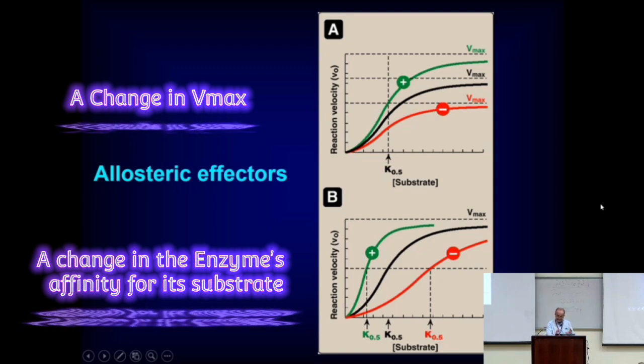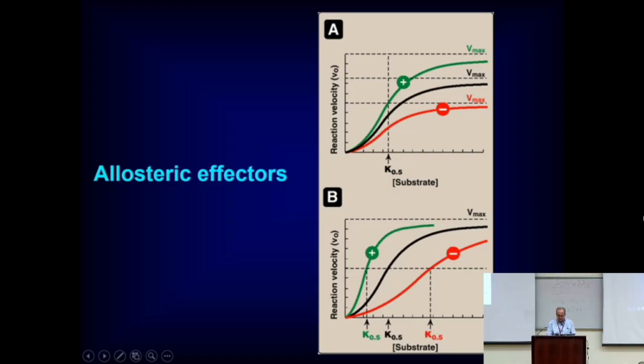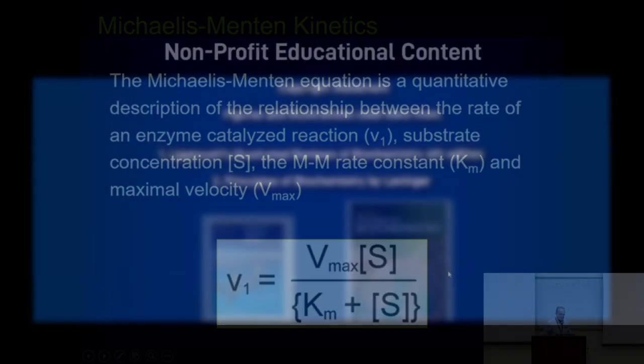Okay? That's all we're going to say about allosteric enzymes. But I want you to appreciate all allosteric enzymes will have an S-shaped curve, very different from the Michaelis-Menten curve, and these are the ways their activity is changed: either changing Vmax or changing the amount of substrate needed for that enzyme to work, reducing it by shifting to the left or increasing it by shifting to the right.